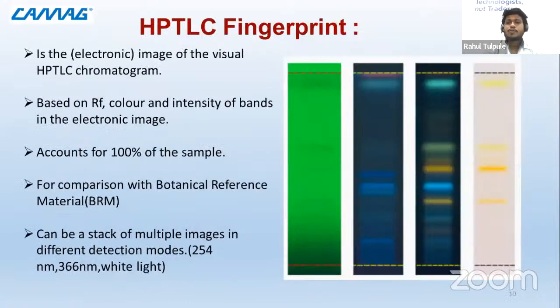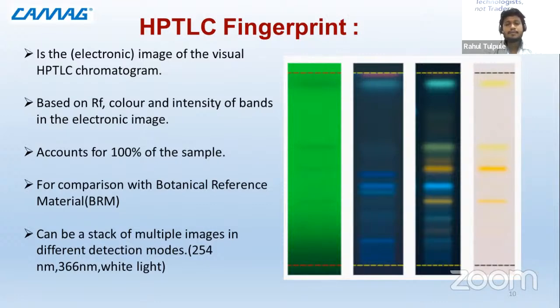Before going to quantification, let's talk about HPTLC fingerprinting. What is a fingerprinting? How can a fingerprinting be done? And all those sorts of questions. It is the electronic image of the visual HPTLC chromatograph, based on the RF, colors and intensity of the bands in the electronic image, accounting for 100% of the sample.